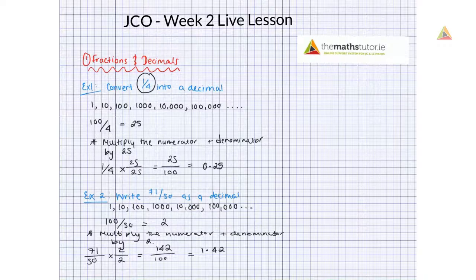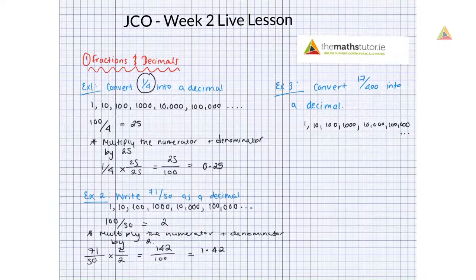We're going to do one more of those now, so example 3, and again it's going to be convert 17 out of 400, or 17 over 400, into a decimal. Okay, and we're going to do this the exact same way, so we're going to write out all of the powers of 10, so 1, 10, 100, 1,000, 10,000, 100,000, and so on.